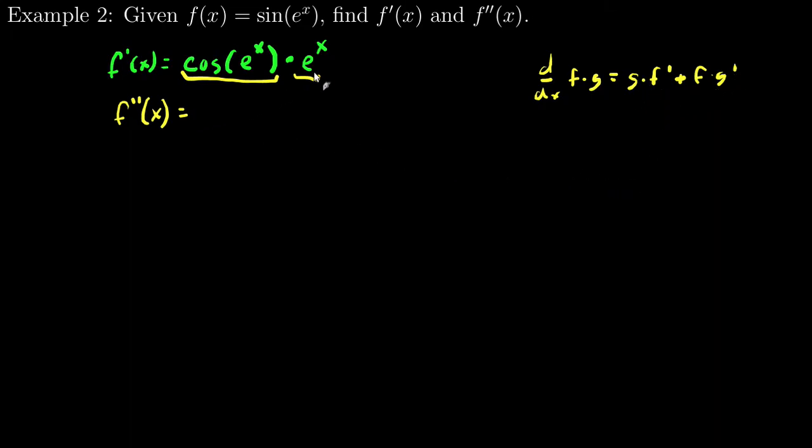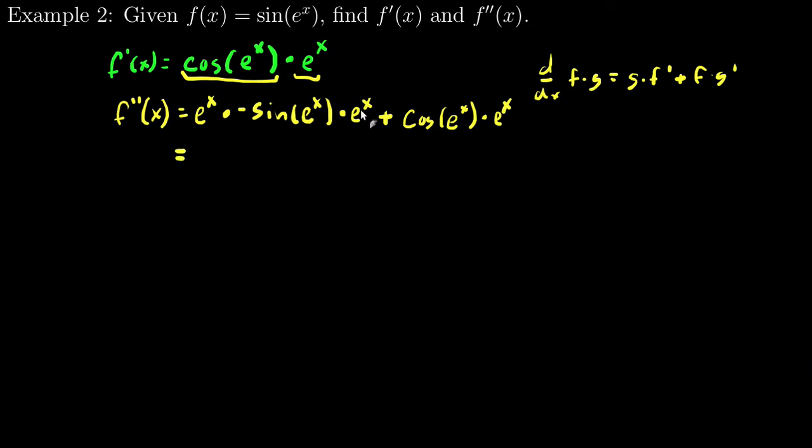And so for this, I will have e to the x multiplied by the derivative of this, which will be negative sine of e to the x times the derivative of the inner function, which is e to the x. Then I have a plus this times the derivative of that, so cosine of e to the x times e to the x. And I can clean this up a little bit.